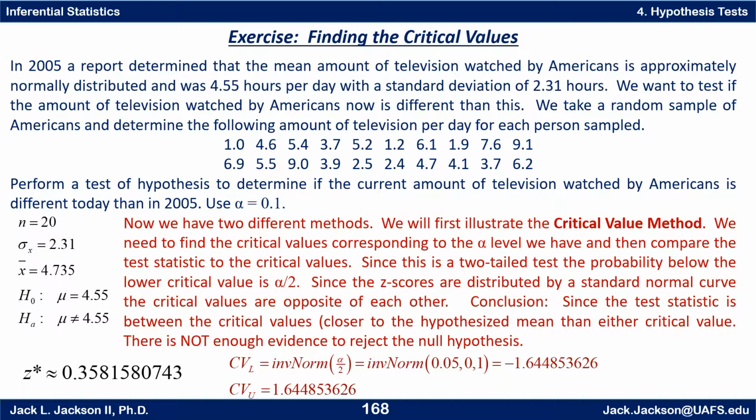And then you compare the test statistic, which was also a z-score, 0.358, and notice it is between these two critical values. So it is in the do not reject region. There's not enough evidence to reject the null hypothesis. We do not have enough evidence to say that people watch television any differently than they did in 2005.